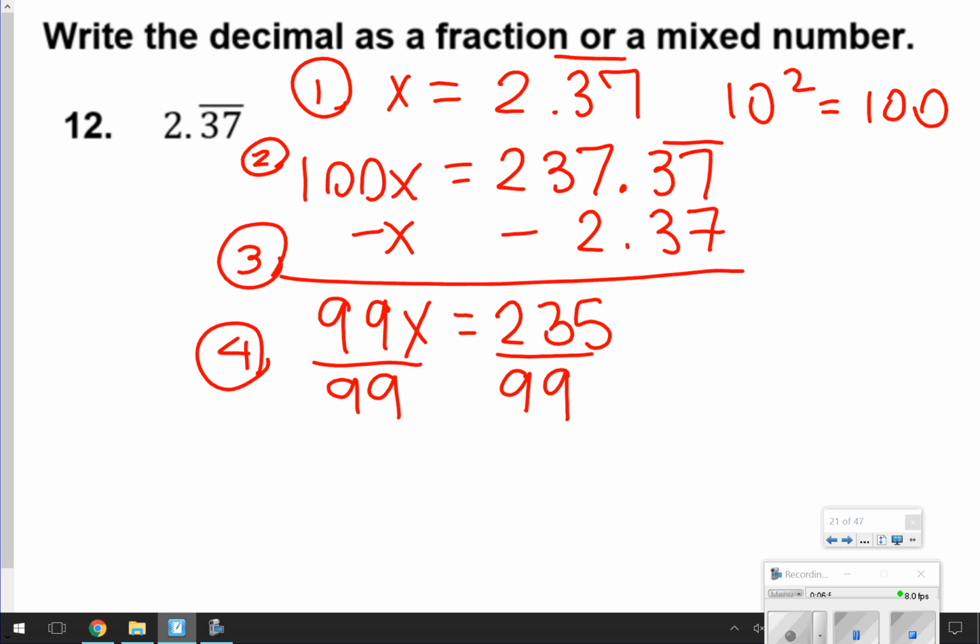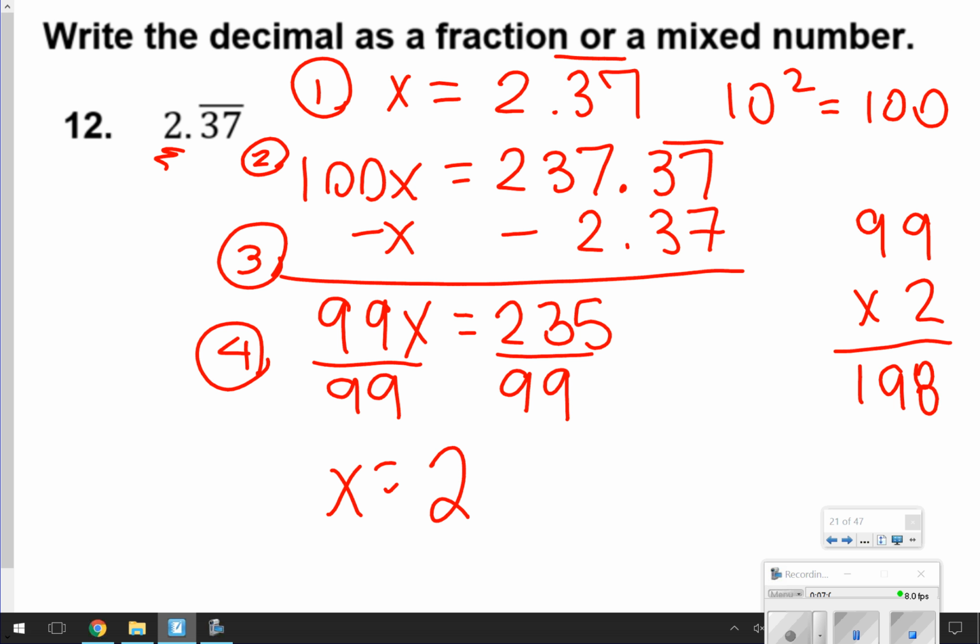And then step 4, solving for x: how many times can 99 go into 235? I already know it's going to be 2 times because that's going to be my mixed number. So I just got to figure out what is 99 times 2, and that's going to be 198. So what I would do here is just take 235 minus 198, and I would get 37.